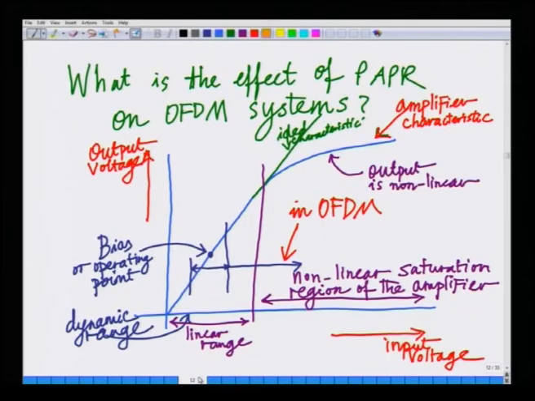Now, what is the ill effect of PAPR? We said PAPR causes distortion in an OFDM system, since every OFDM amplifier has a certain linear range which is biased about the mean. Now, if the deviation about the mean is significantly large, that is the peak value occasionally significantly deviates over the mean, then this amplifier crosses over into the saturation or the non-linear range, where its amplification is not linear anymore.